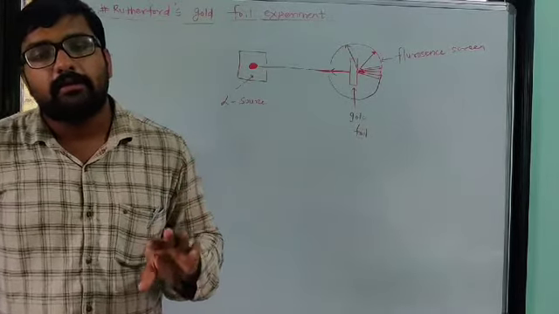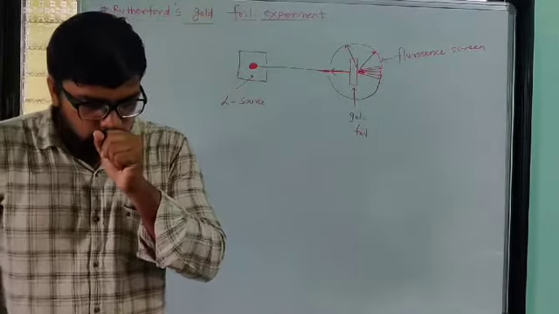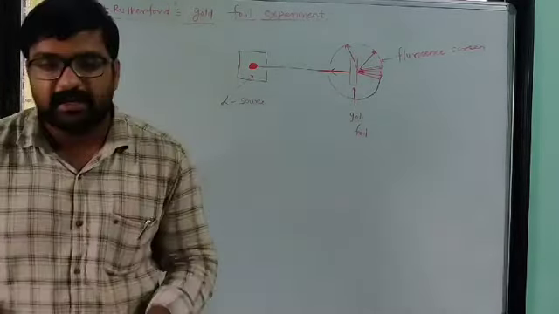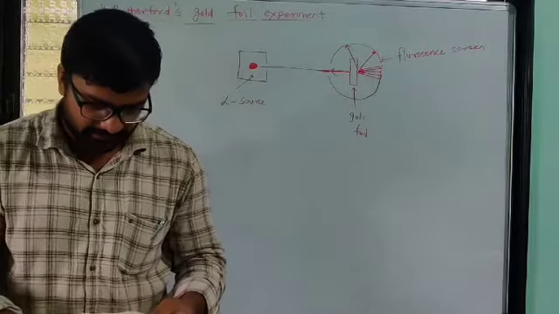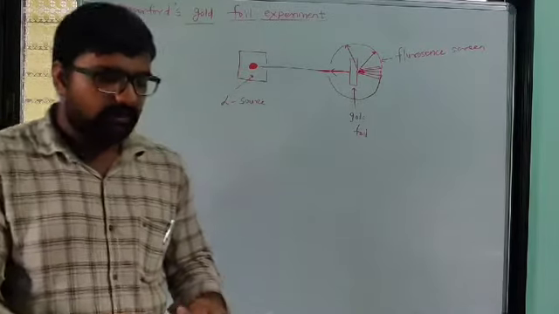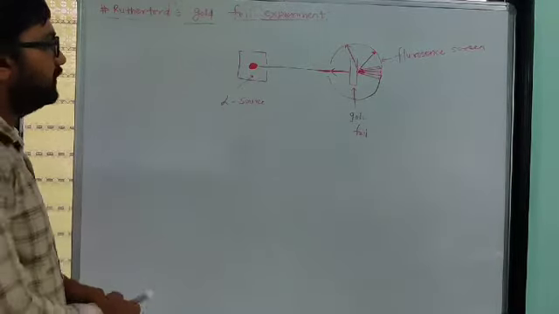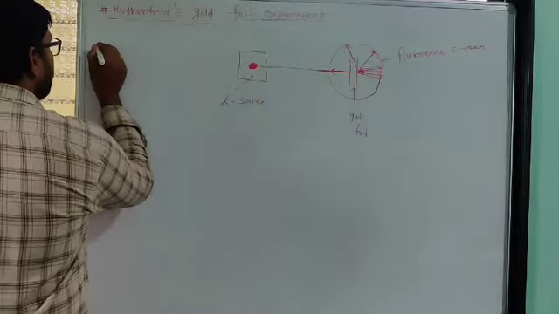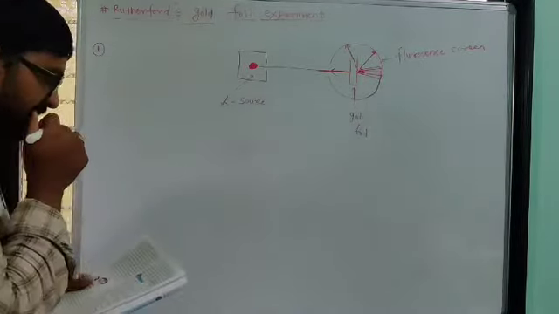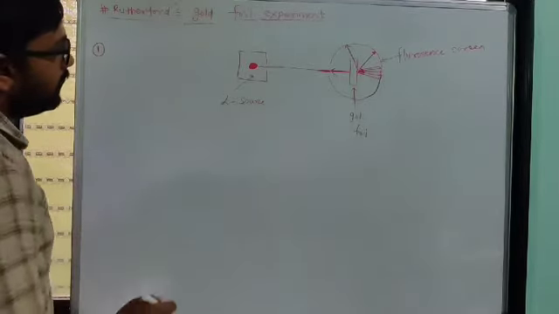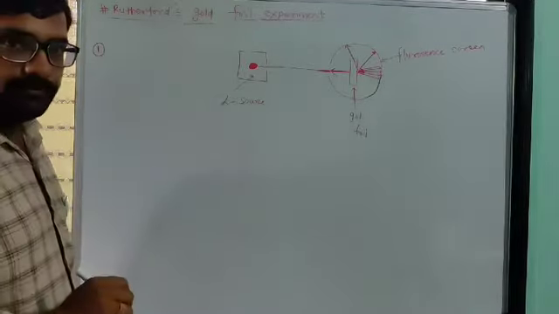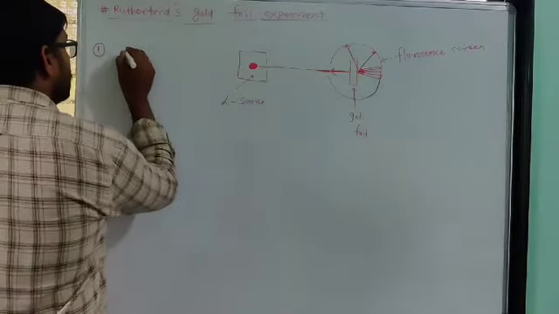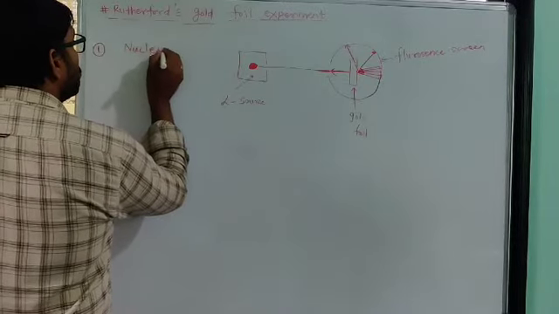Among those 5 predictions, Rutherford tells us that the first prediction, which is all given in the book, is that at the center of an atom, at the center of every atom, there is a nucleus.